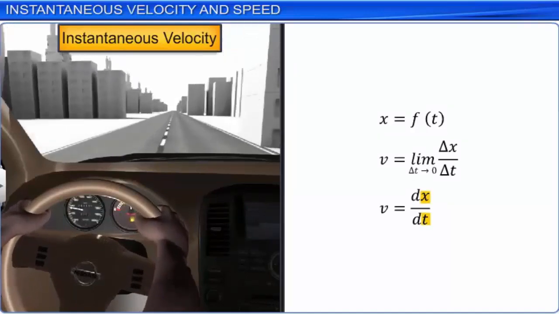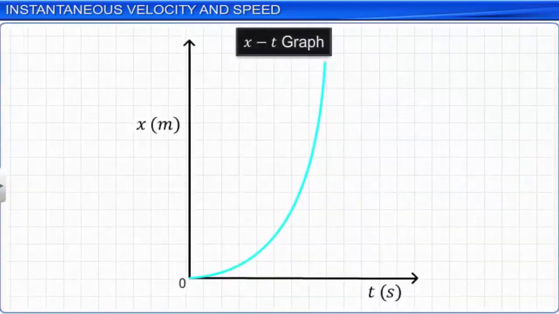Let's understand how to calculate instantaneous velocity using an x-t graph. We first mark a point P on the graph at which the instantaneous velocity of the body has to be found. We mark 2 points P1 and P2 on either side of P. Join points P1 and P2.